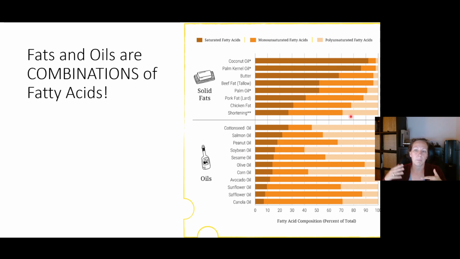So just like plants may produce multiple types of carbohydrates, they also produce multiple types of fatty acids. And so altogether, all of the lipid products that are extracted from a plant is that plant's oil. Okay. It's not just one fatty acid.